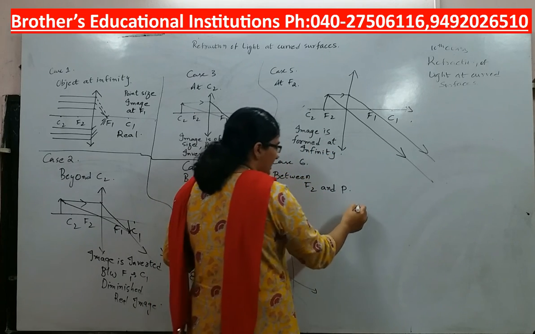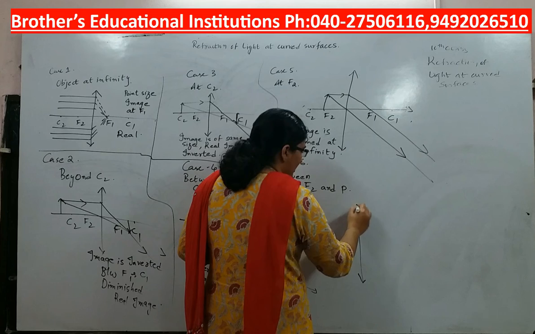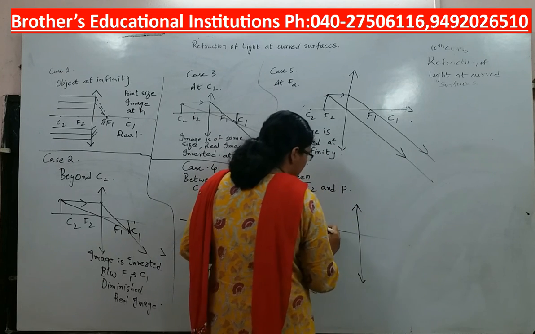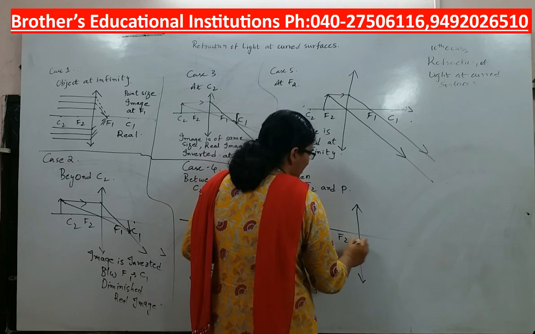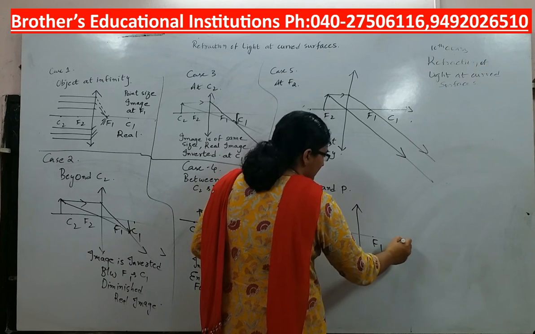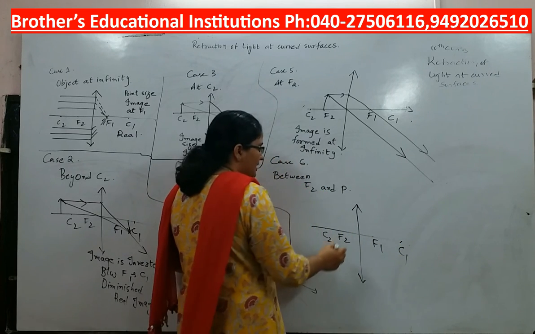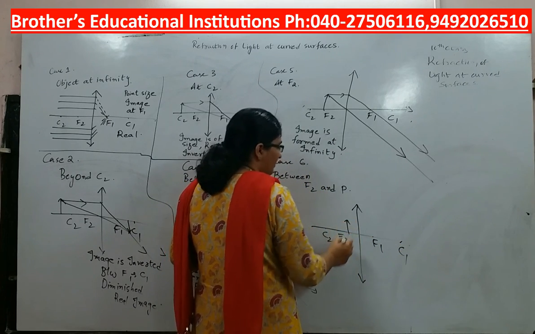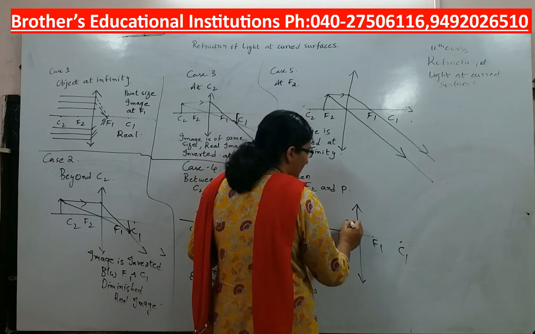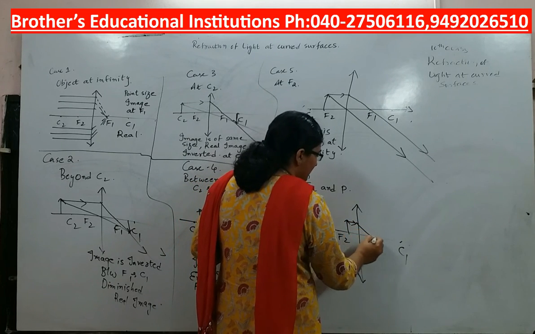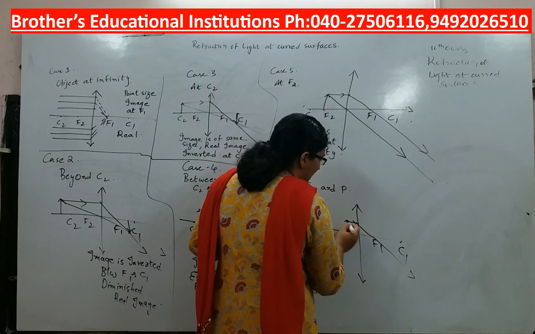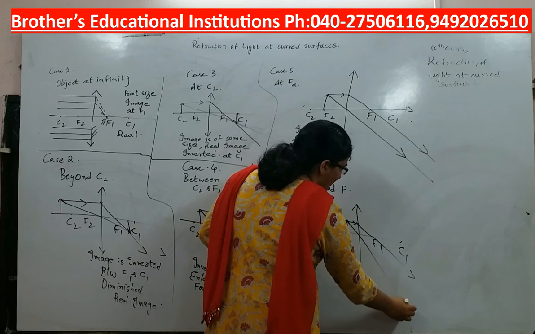Next case, last case, this is C2, F2, F1, C1. Object is placed between F and P. One ray passes parallel to the principal axis, it will pass through focus. Other ray passing through the optic center.